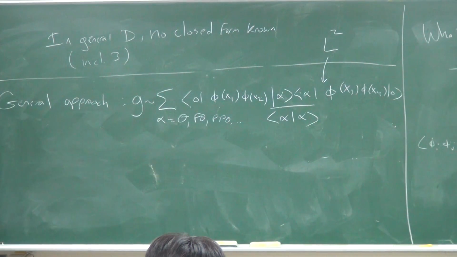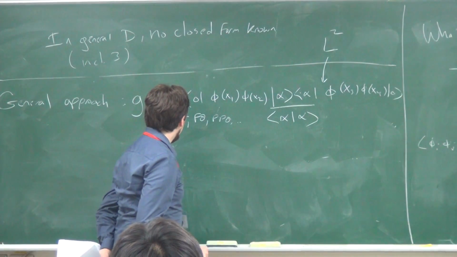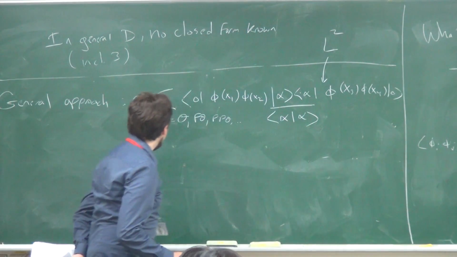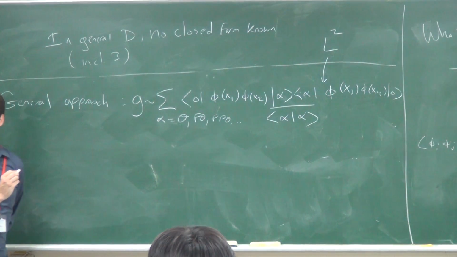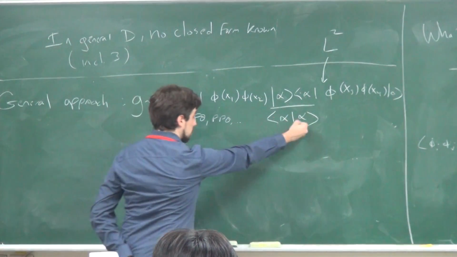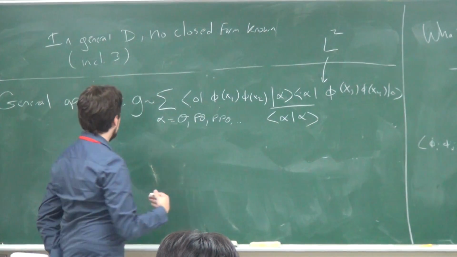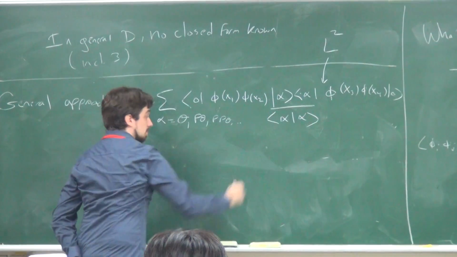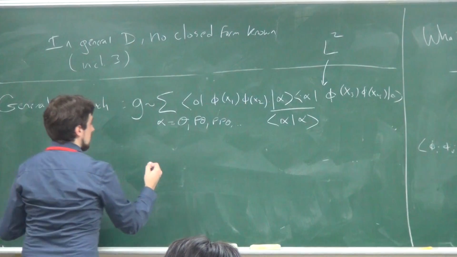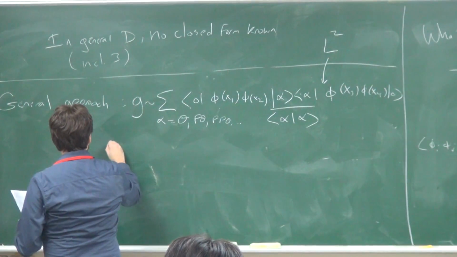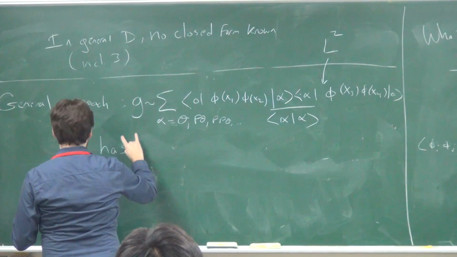Now one thing that's kind of interesting about this expression is that something funny can happen if one of these alphas becomes a null state. Okay, so in particular, if the 2-point function of an alpha goes to 0, then that contribution to the sum will blow up. And in terms of the conformal block, this shows up as a pole.